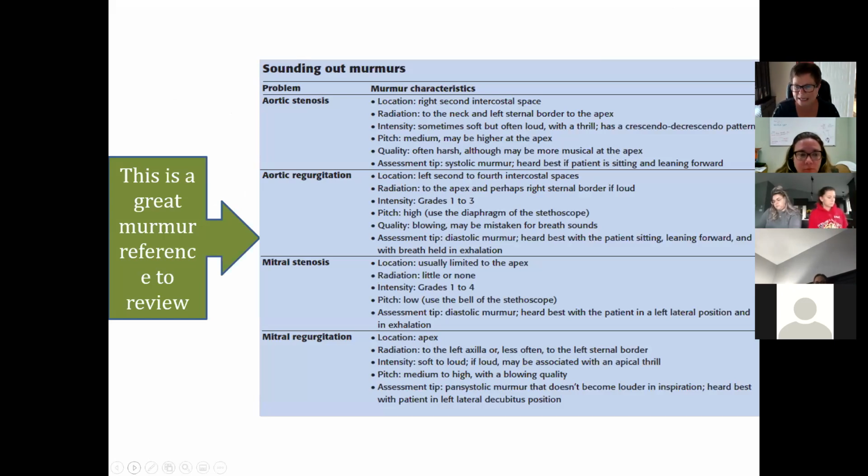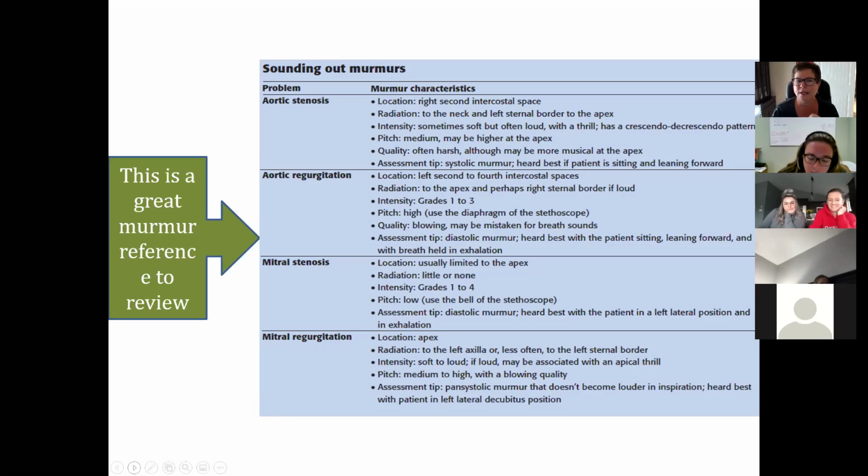So somebody gave this page to me probably 25 years ago, and I have not been able to part with it. So I honestly only care about right or left-sided murmurs because I care for adults. I don't look after pediatric patients who are usually the patients who have pulmonic problems.